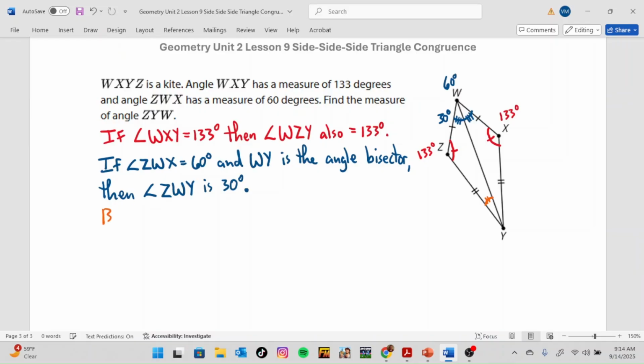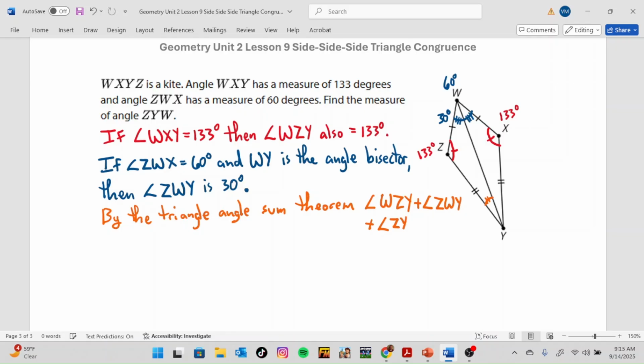Now I know that by the triangle angle sum theorem, angle WZY plus angle ZWY plus angle ZYW must equal 180 degrees.